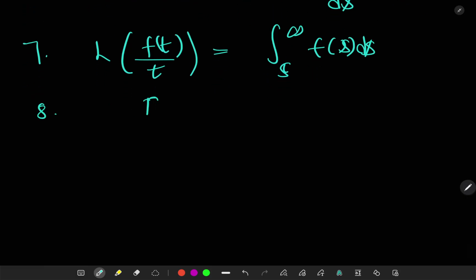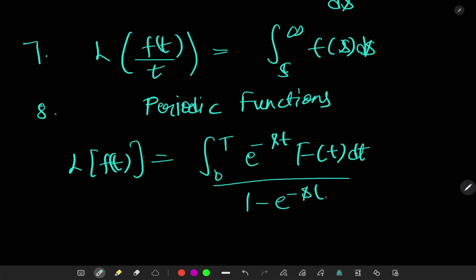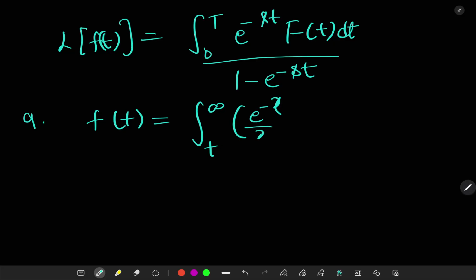The eighth property is for a periodic function. Then the Laplace transform of f(t) is equal to the integral from 0 to capital T of e raised to power minus st f(t) dt divided by 1 minus e raised to power minus sT. The ninth property: f(t) is equal to the integral from t to infinity of e raised to power minus x divided by x dx.